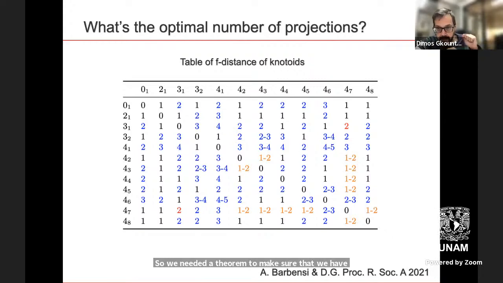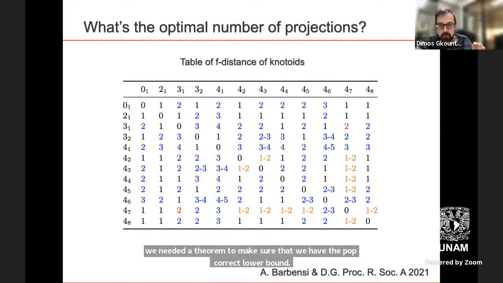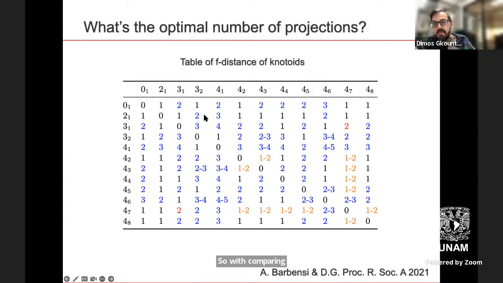So comparing simulations in the computer and the theorem, we came up with a table of the forbidden distances of notoids. Now the different colors here mean: blue is if we computed it with coherent band attachments, red is if we computed it with theta curves, and the orange, I'm sorry, is that we couldn't find a way to reduce it.